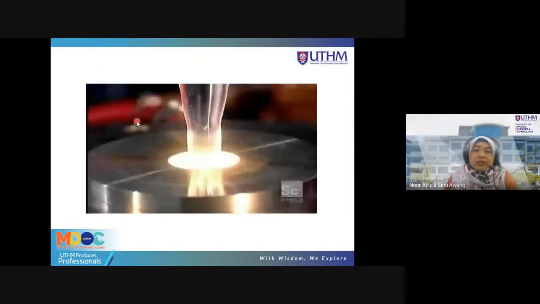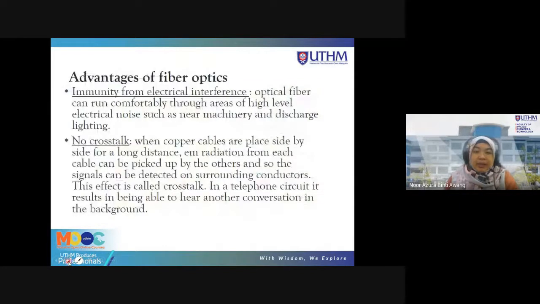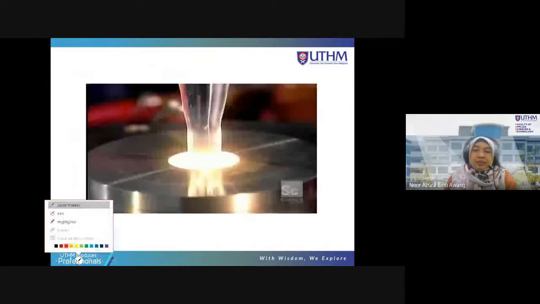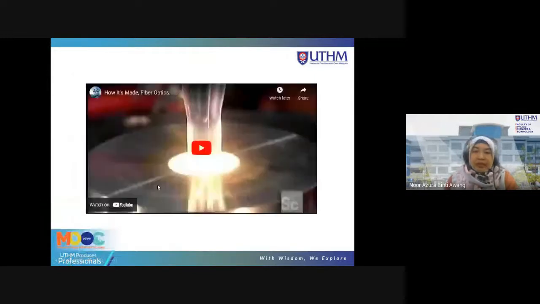This is how the fiber optic is fabricated.